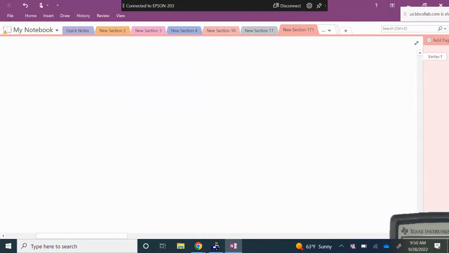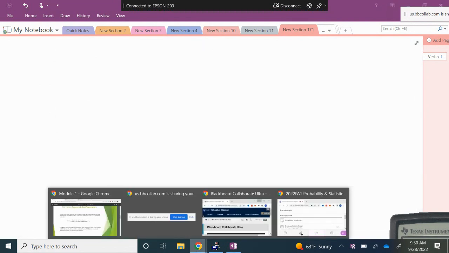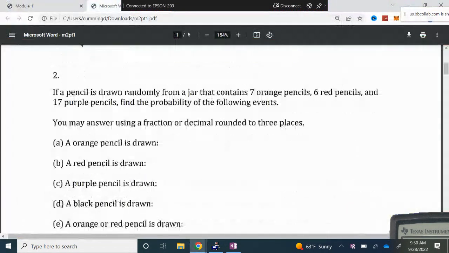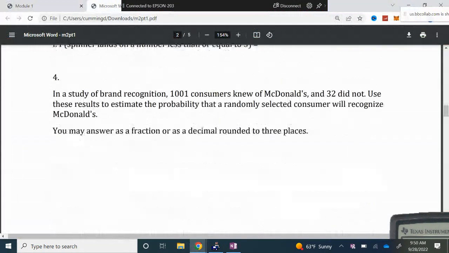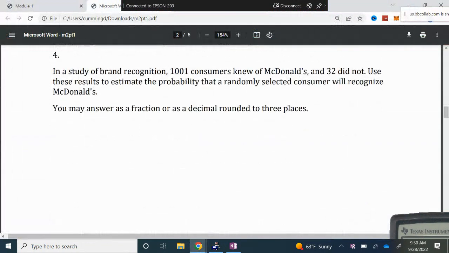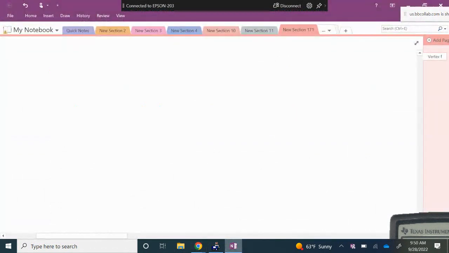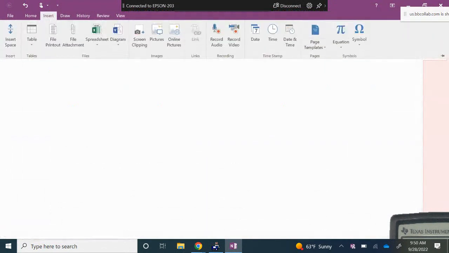Okay, and on the handout, I believe this is actually number 4. Just to show what this is. And is there a way I can?